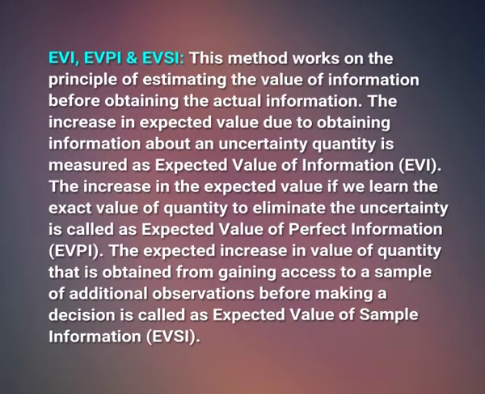EVI, EVPI and EVSI. This method works on the principle of estimating the value of information before obtaining the actual information. The increase in expected value due to obtaining information about an uncertain quantity is measured as expected value of information, EVI.